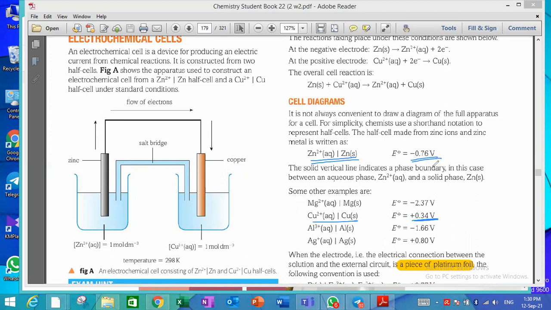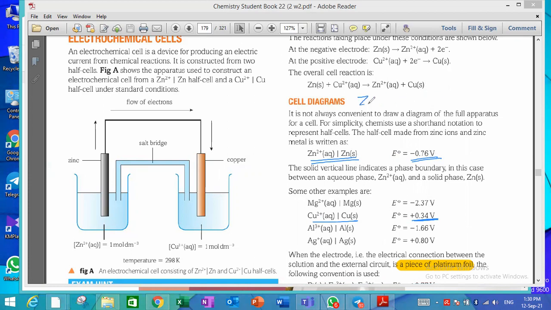What do we deduce from these two values? Do you know? Zinc is more reduced. It means that zinc would prefer to form zinc ions, isn't it? Yes, zinc would prefer to form zinc ions. If we want to draw it, we write it in a reduction form.